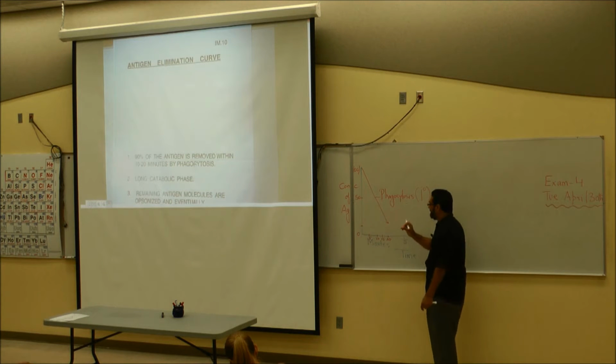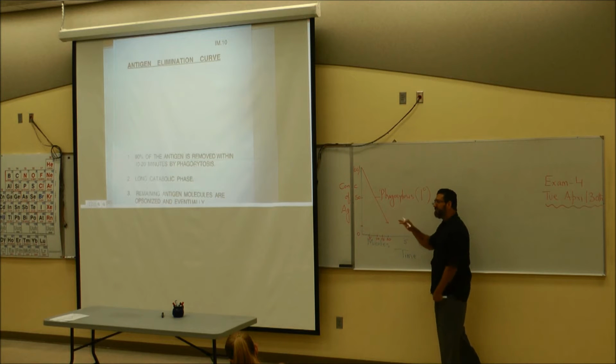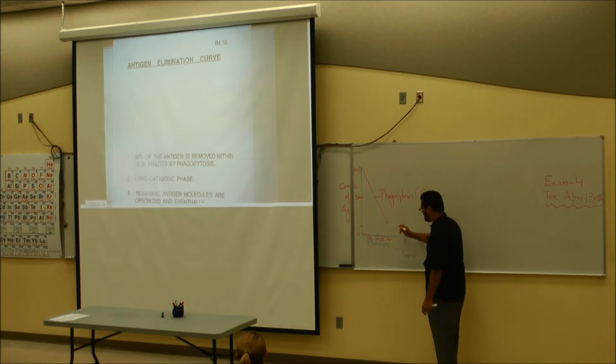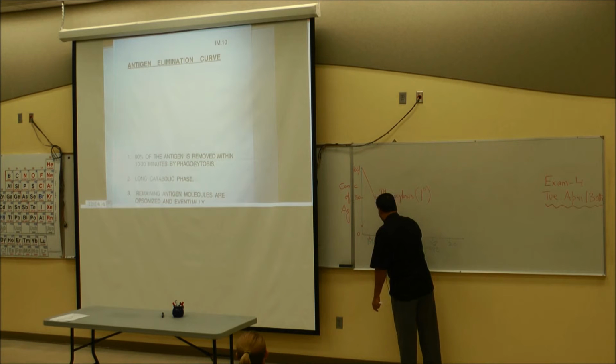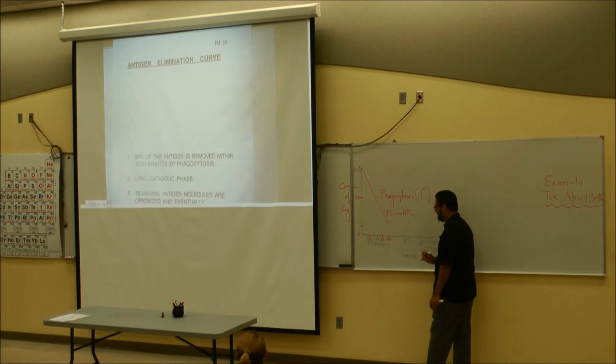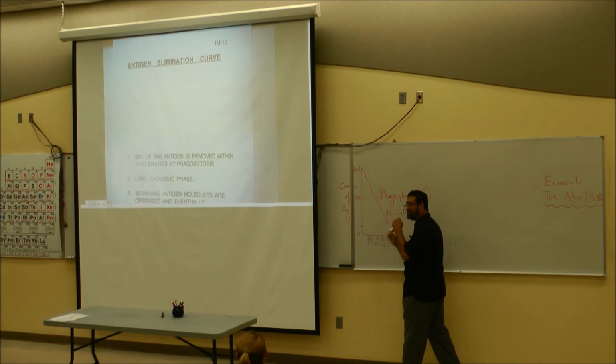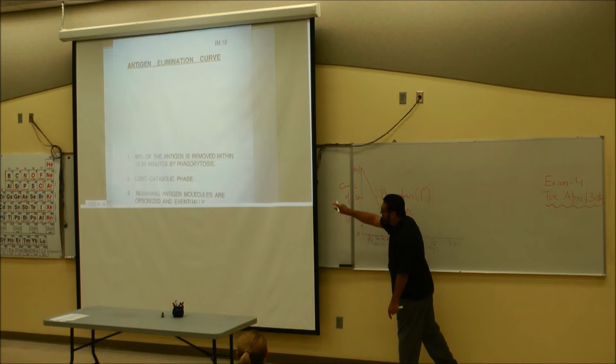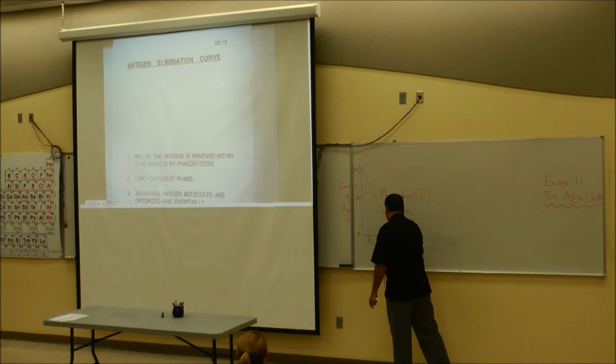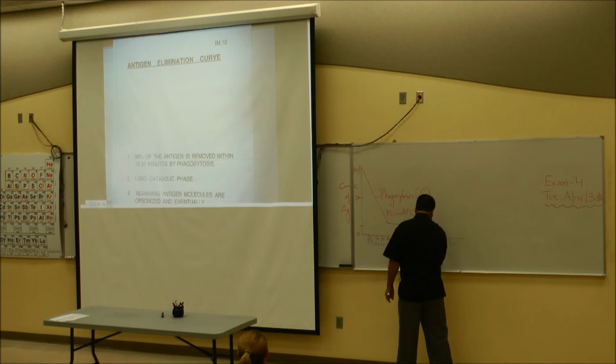Remember, what was the last step of phagocytosis? The phagocytic cell became what? Antigen presenting cell, right? So after this, this phagocytic cell now becomes an antigen presenting cell. After this, there's a long silent period, a long catabolic phase, for about 15 days, right here.